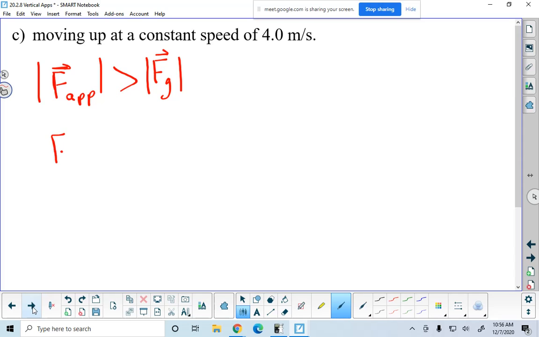Is the applied force up smaller in magnitude than the force due to gravity? I want everybody to be very cautious here about not being impulsive and picking an answer. I want you to think about the question, read C very carefully in terms of what it says. And the question is: is the first statement true or is the second statement true?